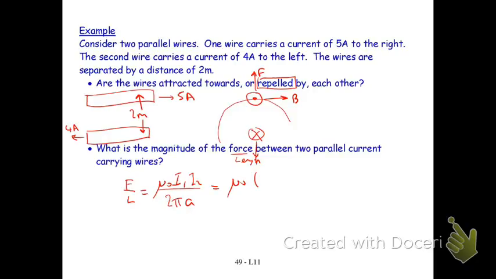Doesn't matter what direction it's in, it's just 5 and 4 over 2 pi times 2, which equals 20 over 4 pi mu naught, which equals 5 mu naught over pi, and that would be newtons per meter.